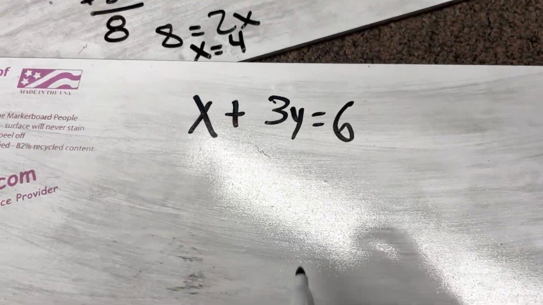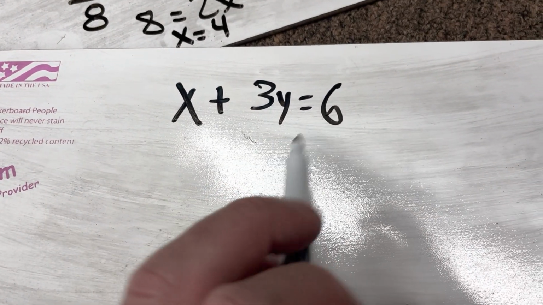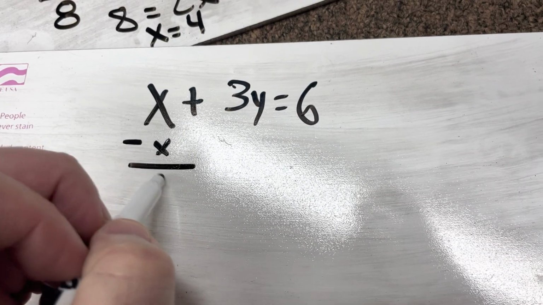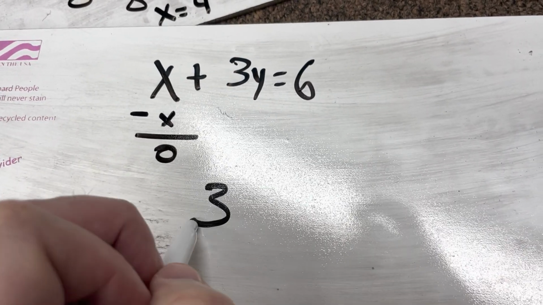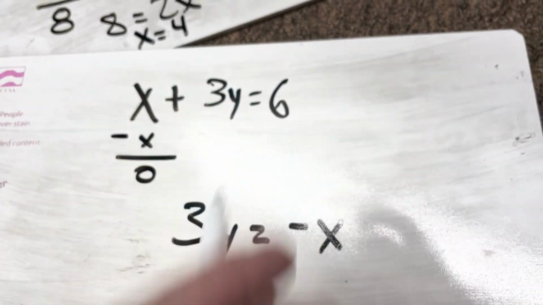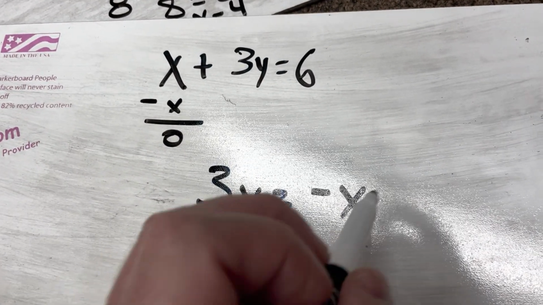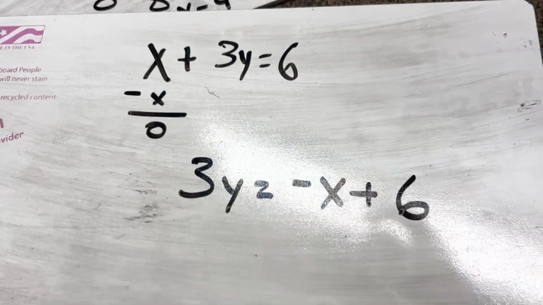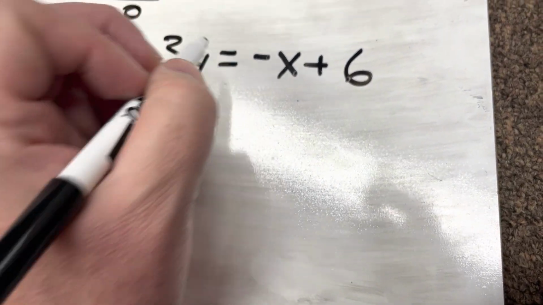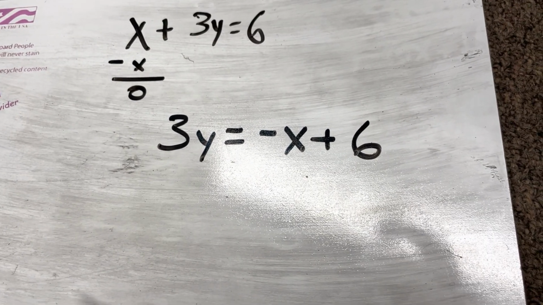All right, let's look at a second example. X plus 3y equals 6. I want to isolate the 3y, so I'm going to subtract x from both sides. That's going to leave me with 3y equals negative x plus 6.